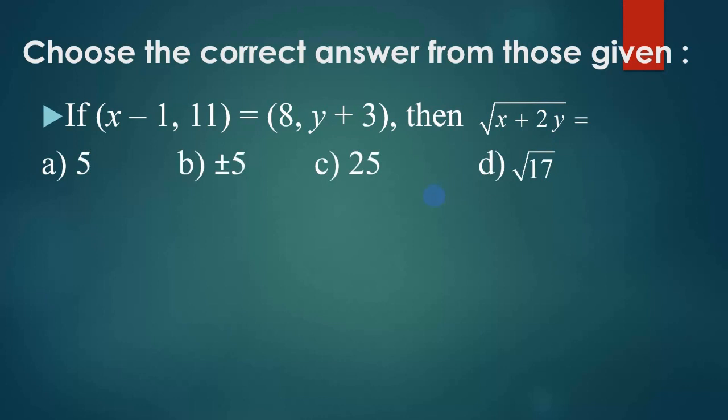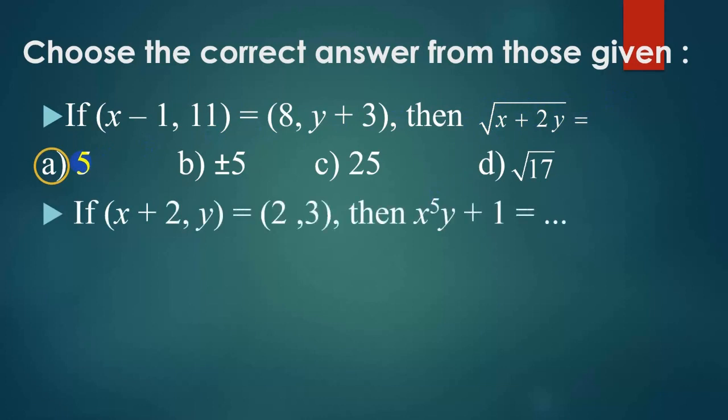Some of you may say that it's B, positive or negative 5, but it's not the right answer. The right answer is A, because this sign is the sign of the positive square root. So the answer is 5.